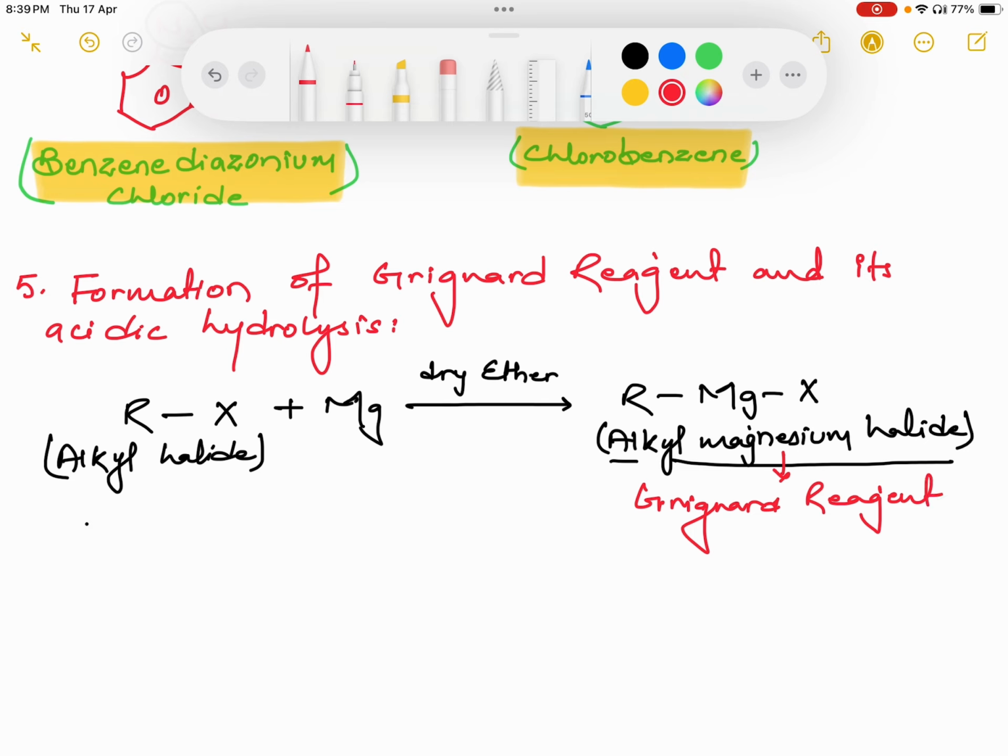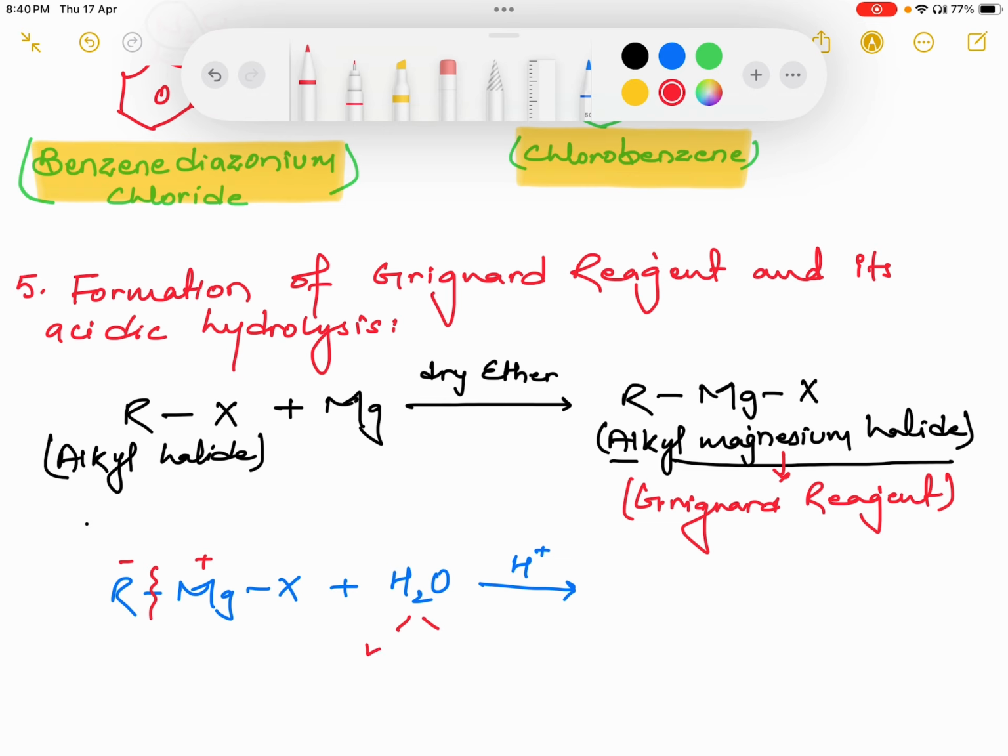Now, what will happen if I treat it under acidic hydrolysis? Basically now I have the R, Mg, X group, and I need to go under acidic hydrolysis. So I need to treat it with water and an acidic medium. You might be very clear that if the bond breaks right from this point, the magnesium will have a plus charge and R will have a minus charge.